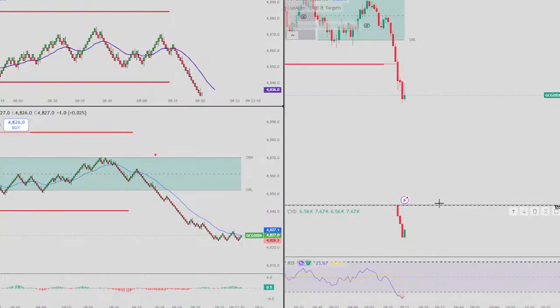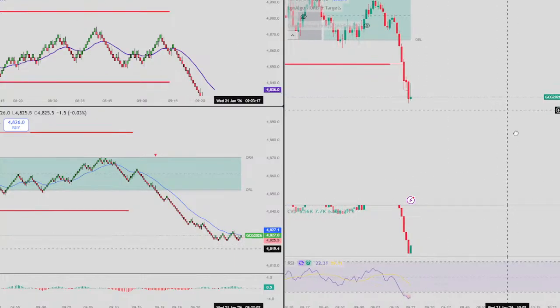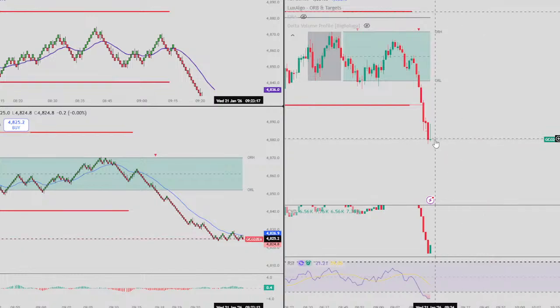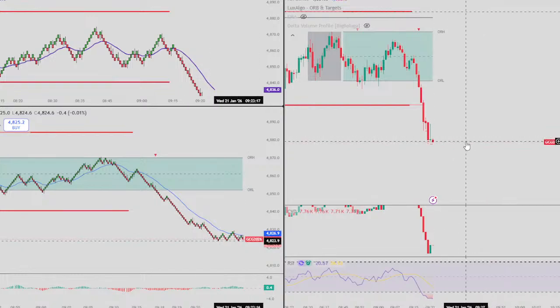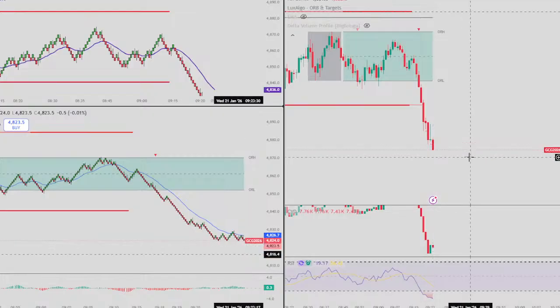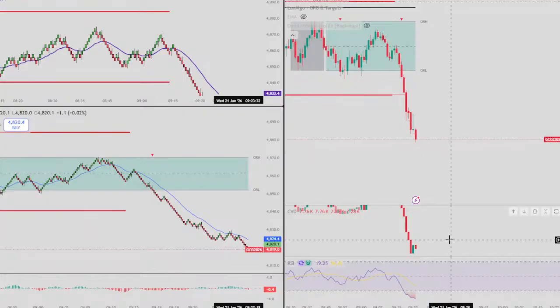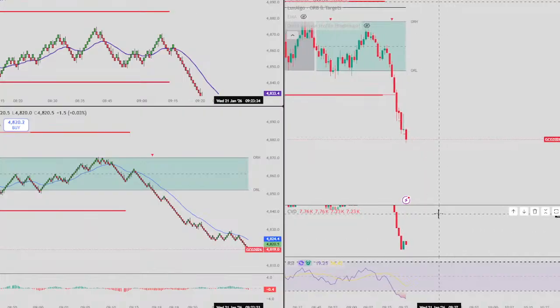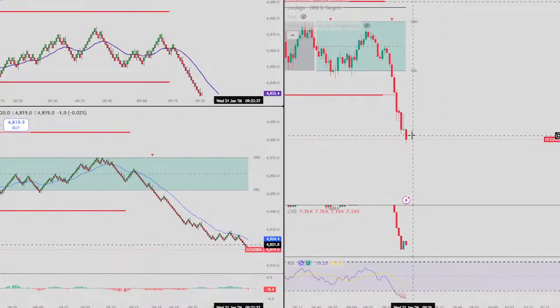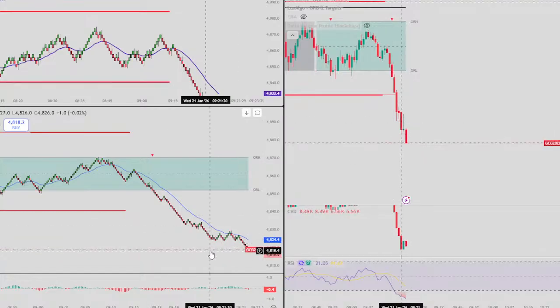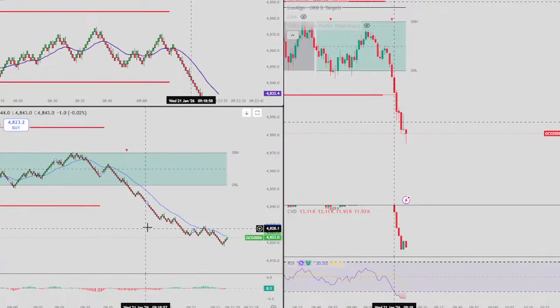Okay, so I'm looking for this to... okay, now we just created a new oversold that we just smashed through again, so we're not doing anything right yet. It would have to close above this line, but it's not going to do that, so maybe not.